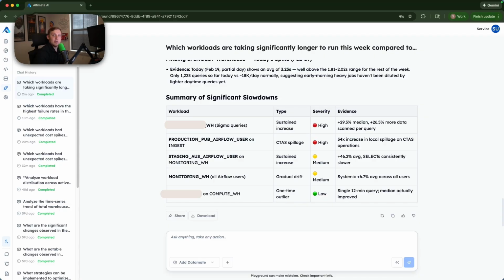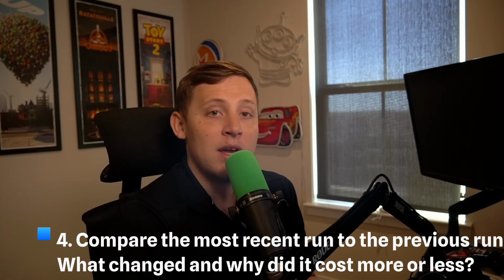So let's jump into opportunity number 4. Now those first 3 opportunities, cost spikes, failed queries, and performance degradation, those are the big ones that apply to almost every Snowflake account. But there are also workflow-specific questions that help you track more granular things happening in your environment. For example, compare the most recent run to the previous runs. What changed and why did it cost more or less? This is perfect when you have a specific job that suddenly got expensive.